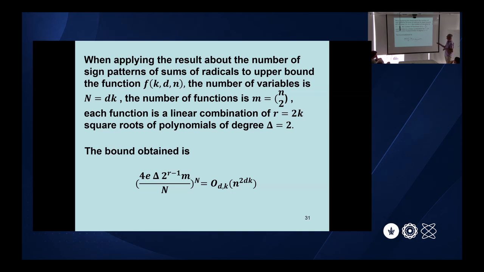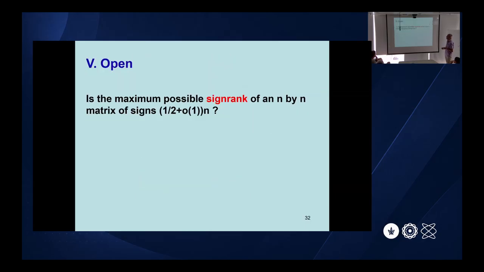Let me just use the last 3-4 minutes to tell you some open problems which are related to this. The first one is about this old thing, and maybe the motivation from communication complexity is not strong, but still, I think it's a very natural question: what is the maximum possible sign rank of an n by n matrix of signs?